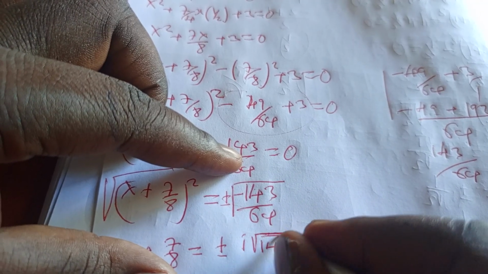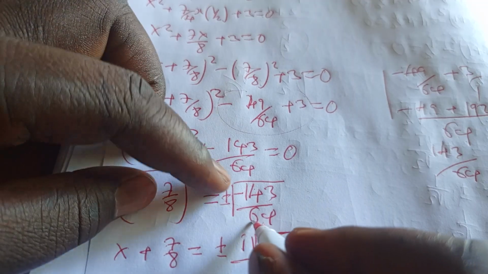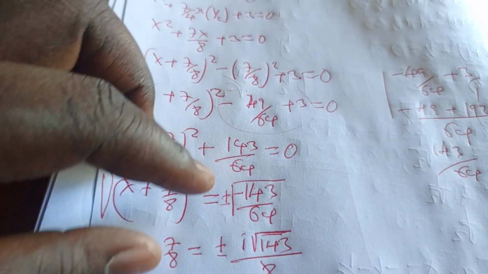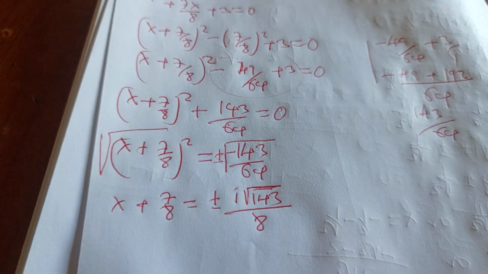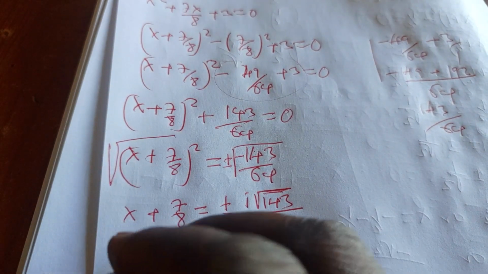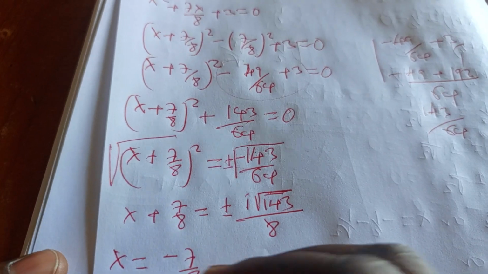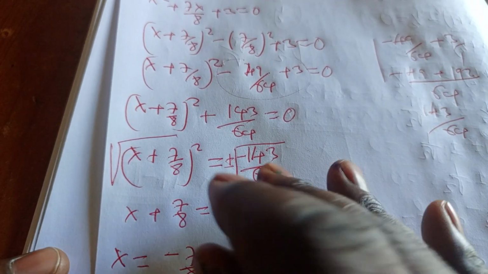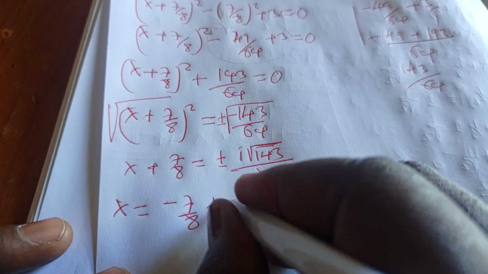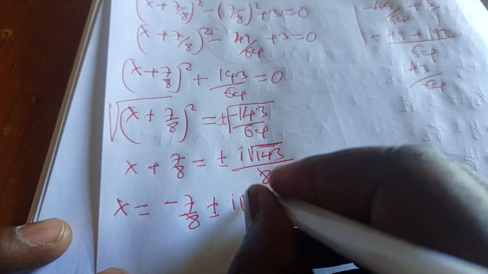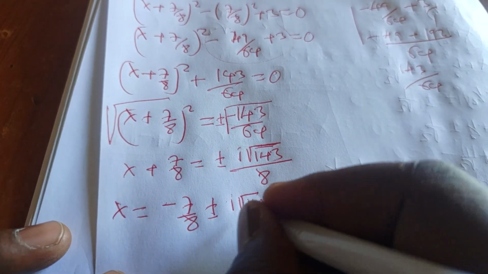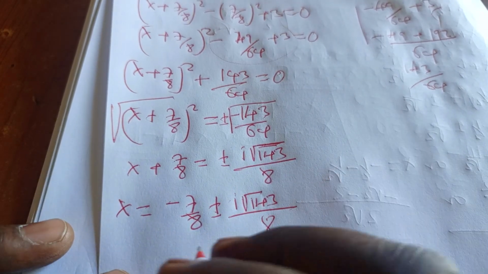I'm going to split this one, over the root of 64, which is 8, like this. Then from here I say x is equal to negative 7 over 8 plus or minus i root of 143 over 8.